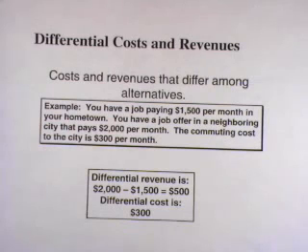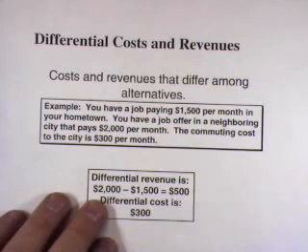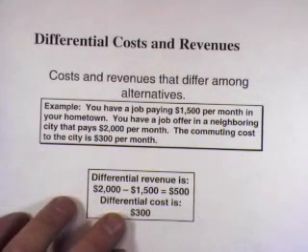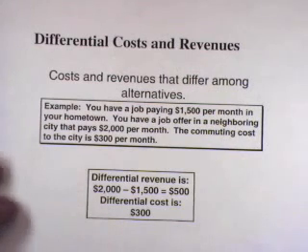The differential revenue is the raise, $2,000 a month instead of $1,500, so it's a $500 a month raise. But the differential cost is it's $300 more expensive to take the job in the neighboring city. So there's a $500 raise, but a $300 additional cost. It's still beneficial for you to take the job and net $200.